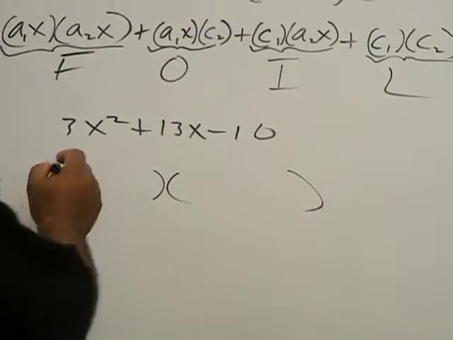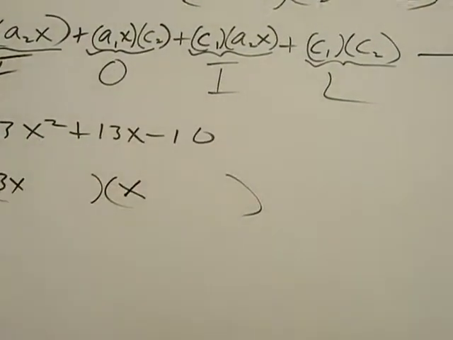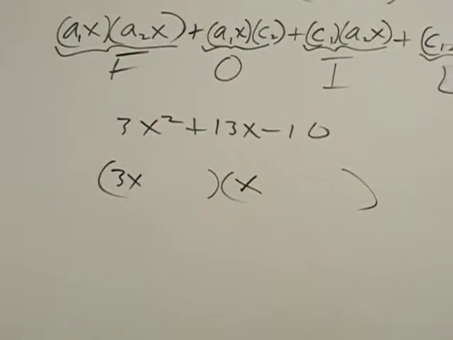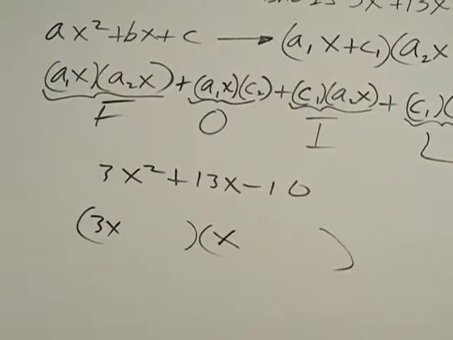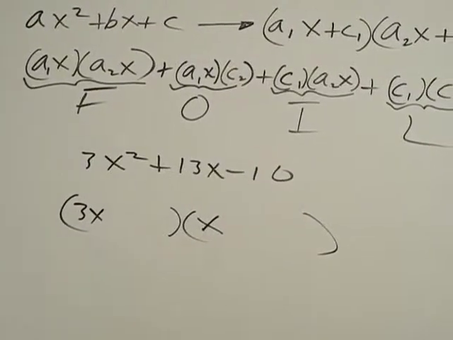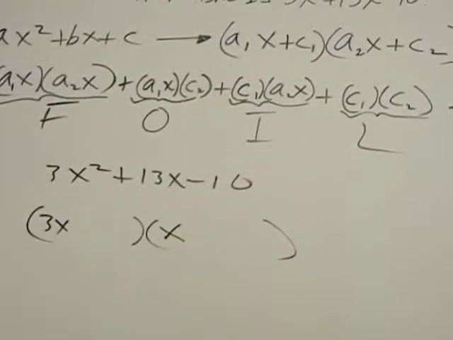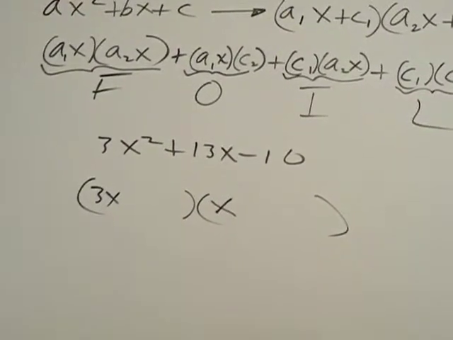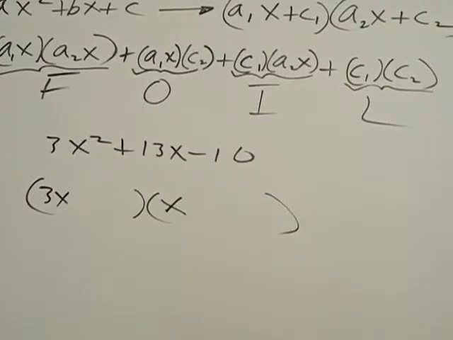Okay, so I'm going to pick 3x and then x. The next idea is that we want to multiply two integers together that will give you -10, such that when both of these binomials are multiplied together, we're going to come back to our original trinomial.